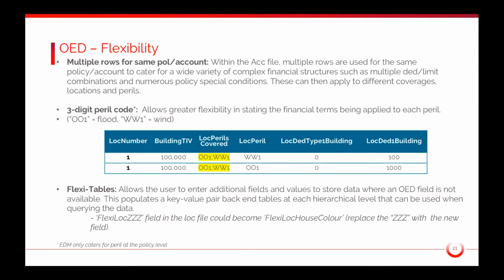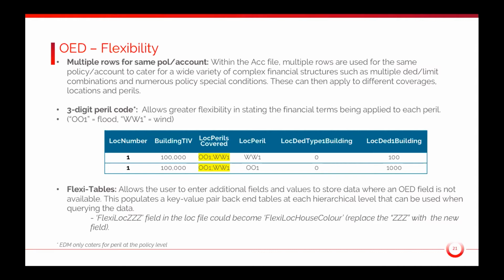Okay, just touch a bit more on flexibility. So the format in OED is to use multiple rows, duplicated rows for the same policy and account. And this way, it's quite easy to see and lay out and code your financial terms. So it's a good way of seeing where your special conditions are applying and things like that. And we use a 3-digit peril code, again, to allow flexibility when modeling your complex financial terms.